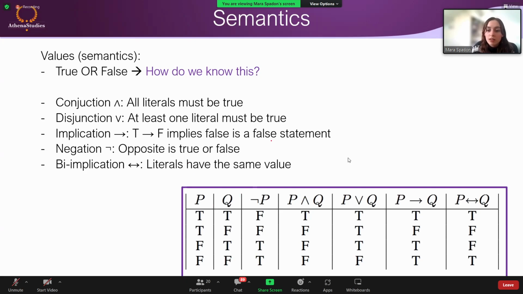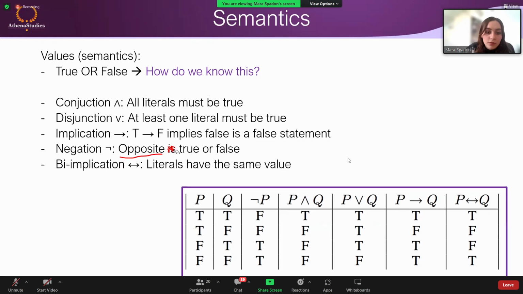And we see here a table that defines the basic structure of these semantics. We have our variables P and Q here, and they have the values true and false, and every single combination you could have of true and false. So let's check out the negation first. Negation means the opposite, okay?